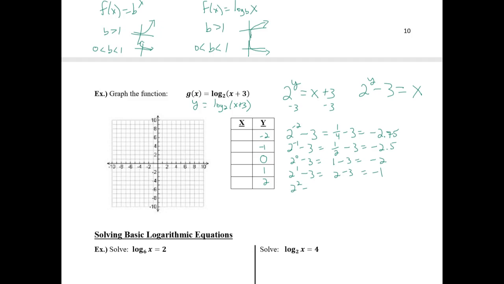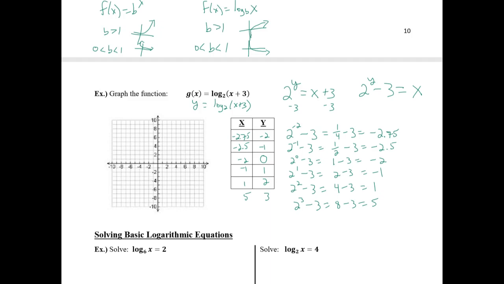And 2 squared is 4 minus 3, which would be positive 1. And then I'm going to go ahead and do one more here. 2 cubed minus 3 would be 8 minus 3, which is 5. Alright, so I had negative 2.75, negative 2.5, negative 2, negative 1, 1, and 5.